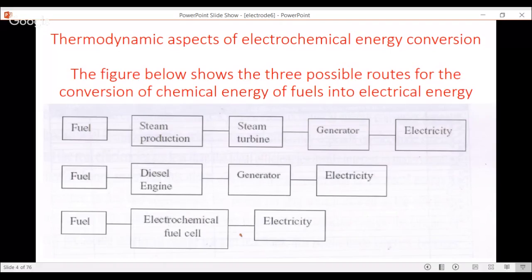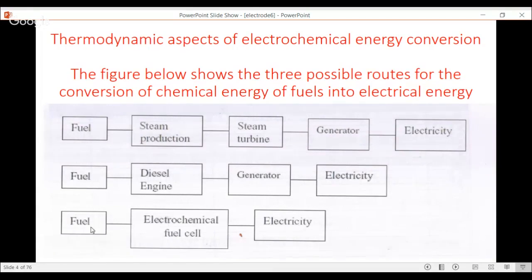So the steam production itself is 50%, and out of the 50% of steam, the turbine is using only 50%. Therefore, 0.5 into 0.5, only 0.25, will be the efficiency after the steam turbine. And if the generator is another 0.5, then 0.5 into 0.5 into 0.5 is the electricity that you can produce.